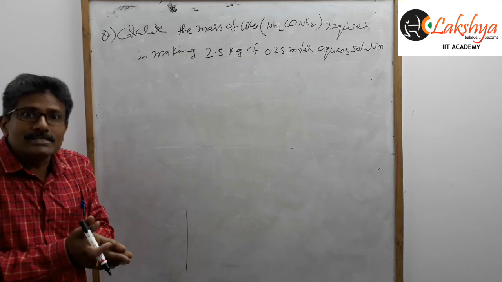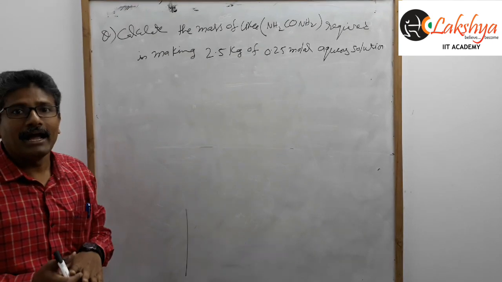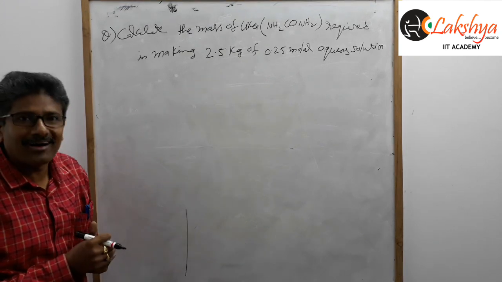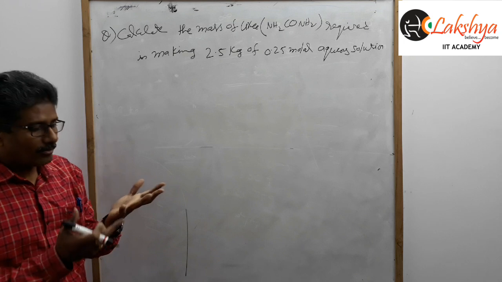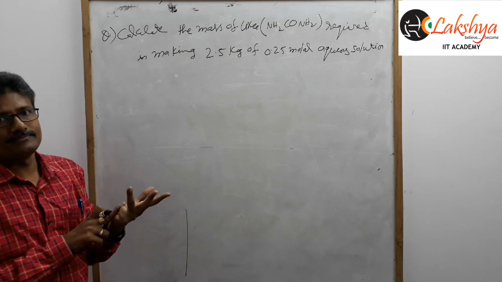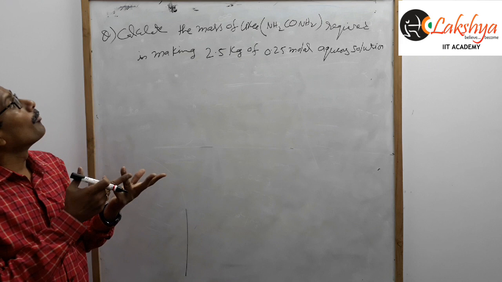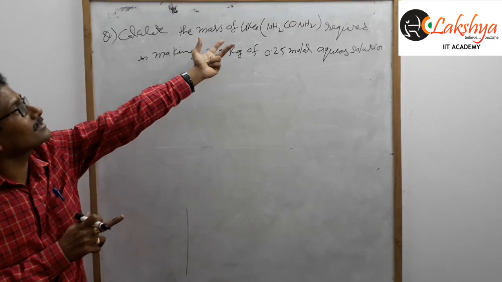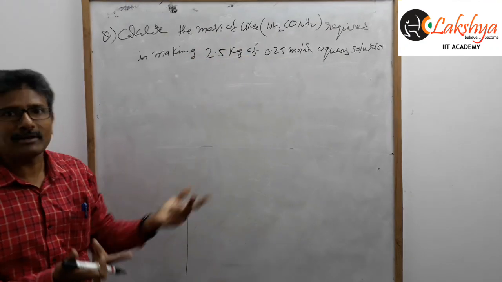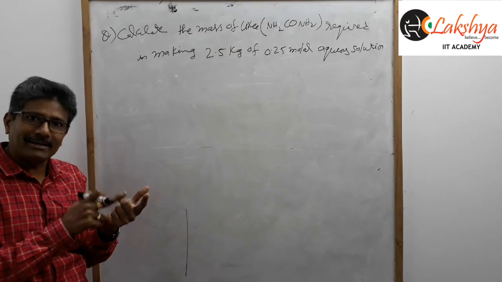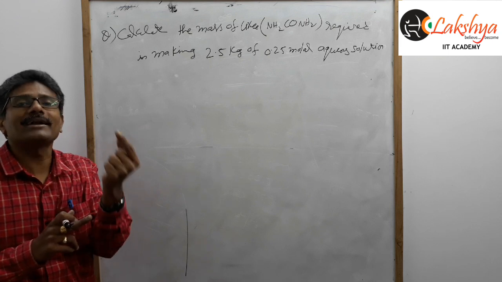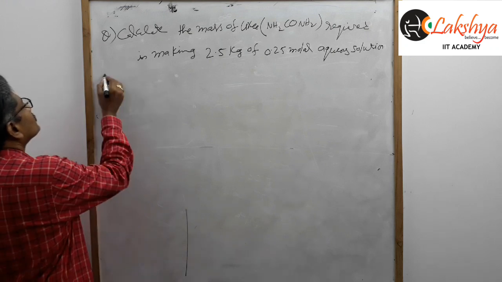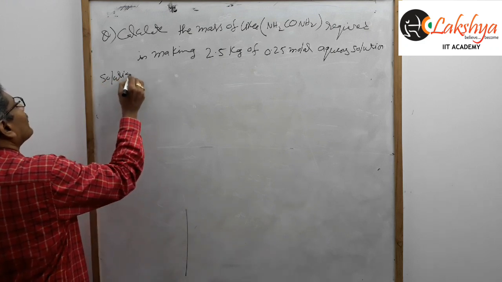Total weight of solution is equal to 2.5 kg and its molarity is 0.25 molar. So here molarity of the solution is given. Total weight of the solution is given. And we know the solute, it is urea. From that you can find the molecular weight of solute. And he is asking what weight of urea. Okay. Solution. We can solve like this.